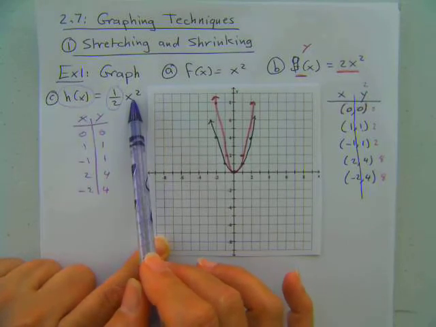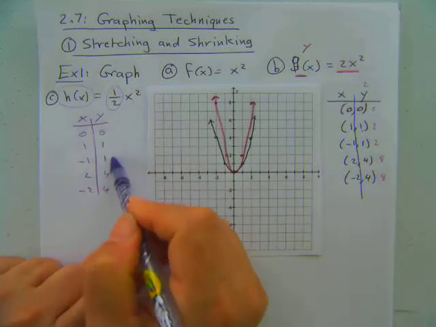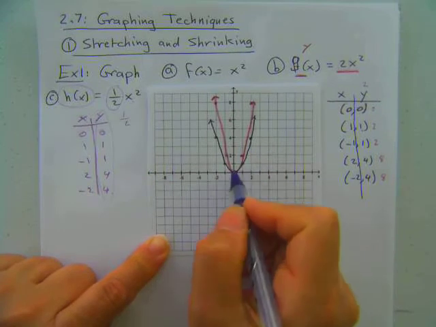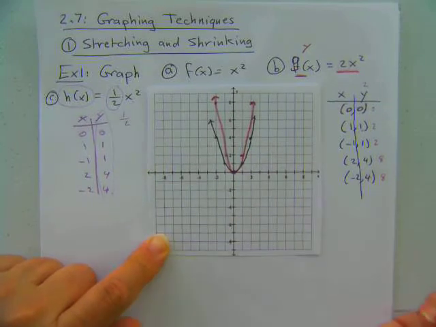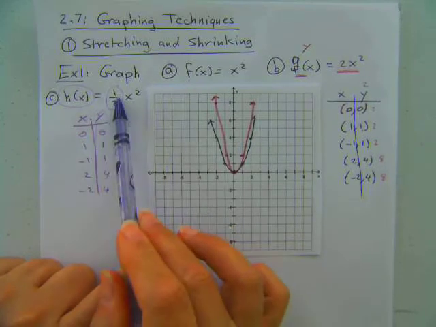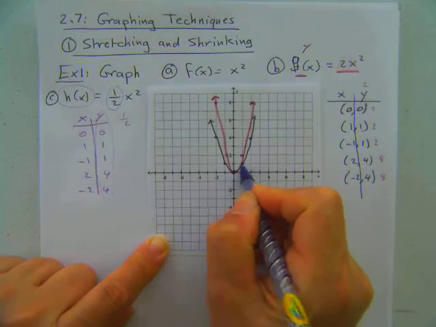1/2 x squared. That's the y is the 1/2. So x is still the same. So when x is 0, let's see. All this y is going to be multiplied by 1/2. So 0 still 0. 0 times anything is 0. When x is 1, instead of 1, it's 1 times 1/2. So it's 1/2.